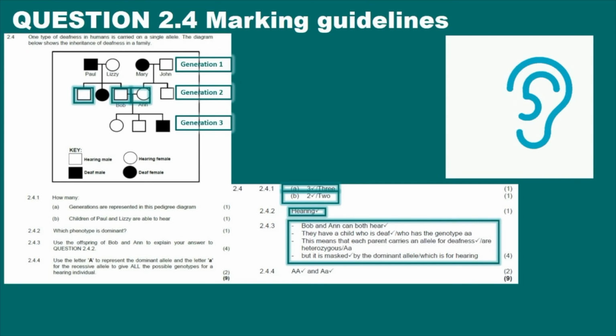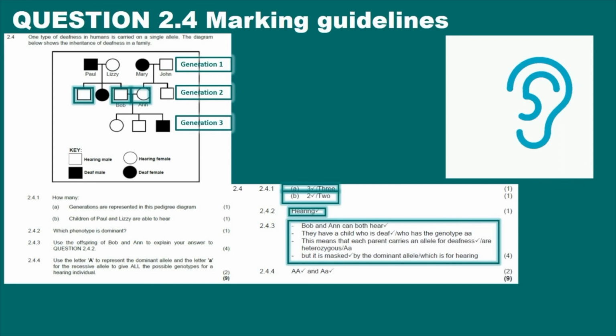Then if we look at their children, we will see that they only have one single child that is deaf. So this tells you that both of the parents are carriers of the deafness allele. So the parents were heterozygous because they produced 2 normal children, and then they produced 1 child that has deafness.